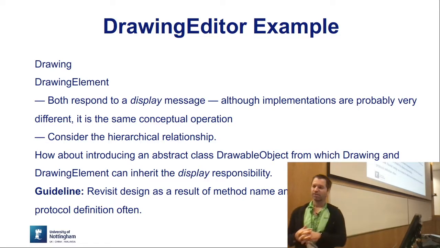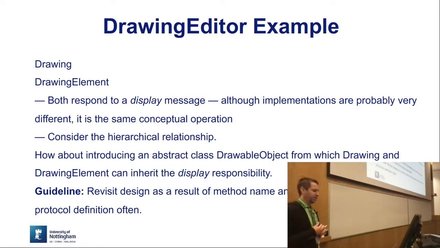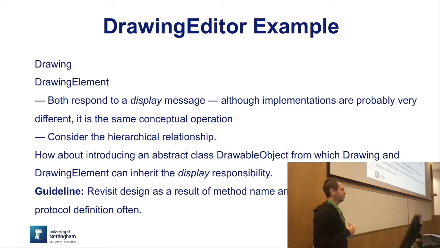Can anybody think of a very common example in Java of this same idea? There's a very ubiquitous example in Java that is using the same idea, the same conceptual operation, but with many, many different implementations.